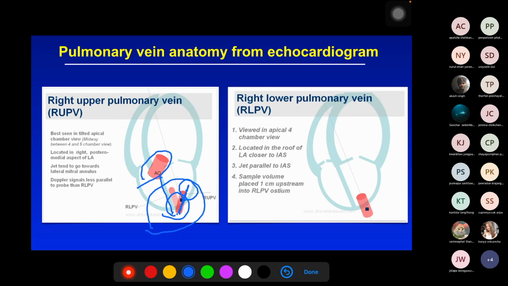If you tilt down to the 4-chamber again, you might see the other flow that moves parallel to the atrial septum. This is the right lower pulmonary vein. These are the right upper and right lower pulmonary veins that we can obtain and use to evaluate the diastolic function.